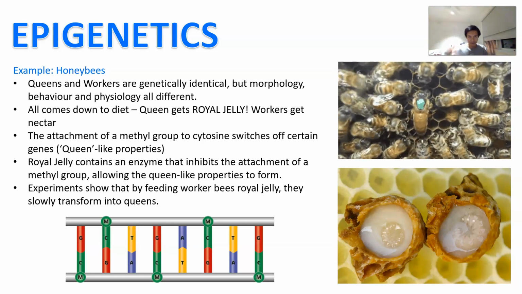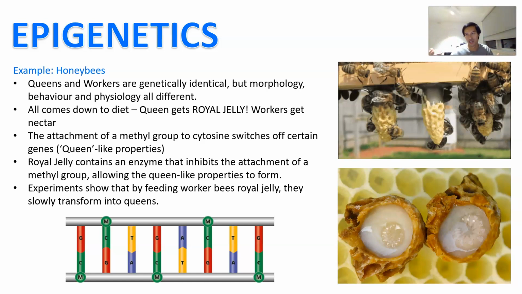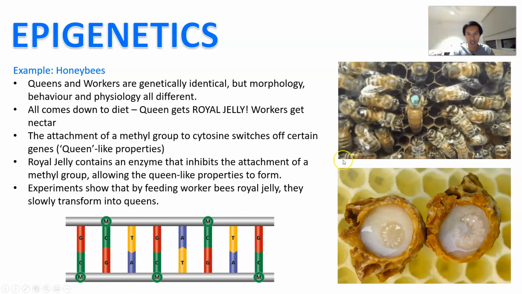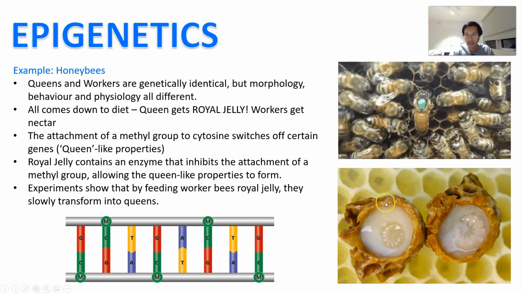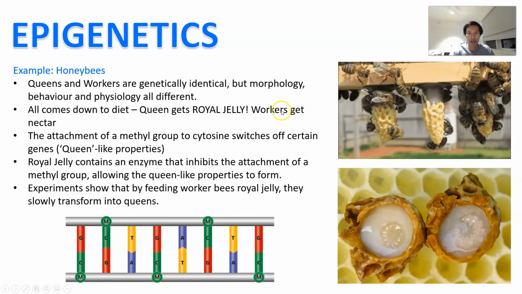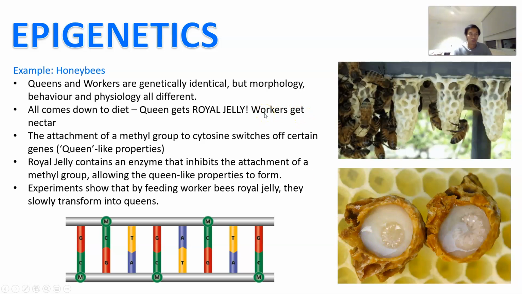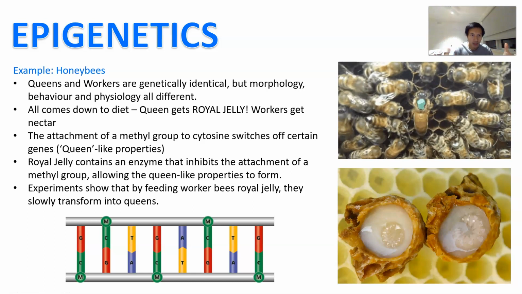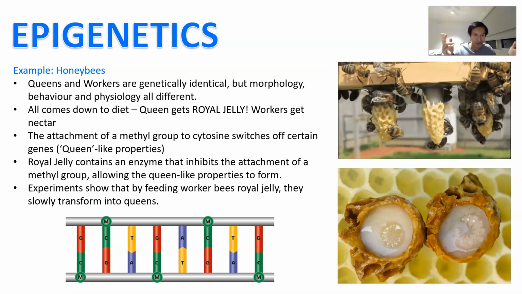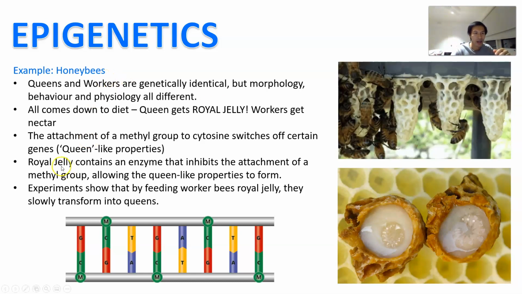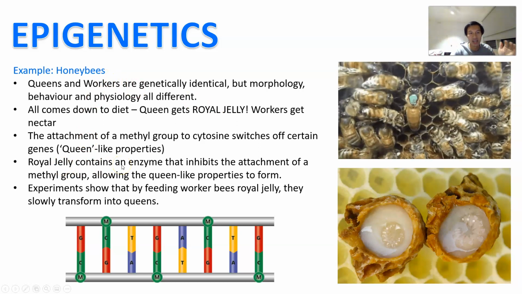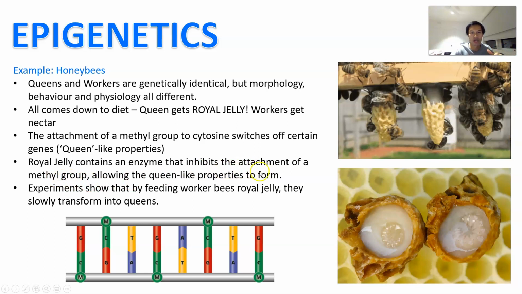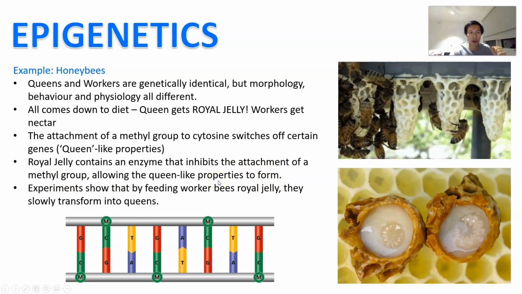The queen eats royal jelly, which sounds very posh and very deliciously awesome, right? But the royal jelly is encased inside a little section here, and the workers don't eat royal jelly. They just eat plain old boring nectar, right? The royal jelly, which is pretty amazing, contains an enzyme, and that enzyme is going to inhibit the attachment of the methyl group, allowing the queen properties to form, right?